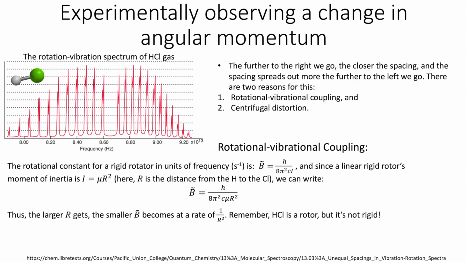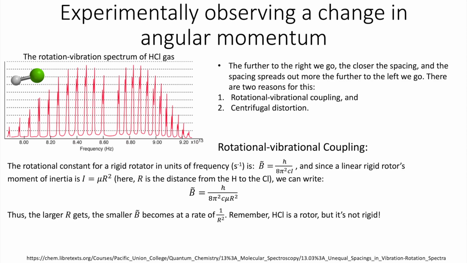So remember that the rotational constant for a rigid rotor in units of frequency is B tilde equals h over 8 pi squared times the speed of light times I, and I is the moment of inertia. So I is mu times r squared. Notice we just have that one r squared because this is a linear rigid rotor.